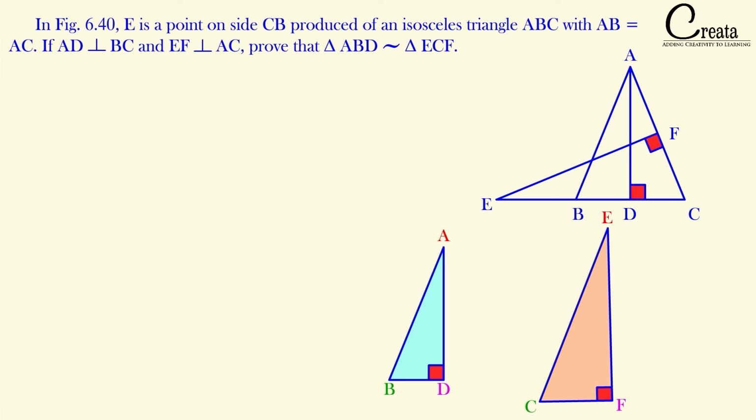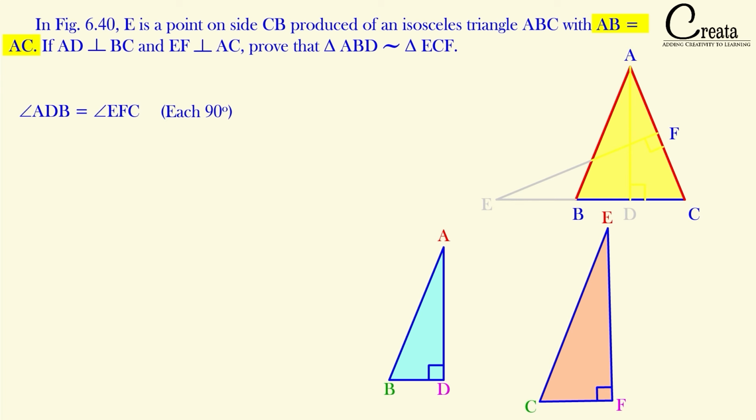So both the angles are equal to each other. Further, can you take down any of the other angles and show both the angles as equal to each other? The hint is given in the question, that is AB is equal to AC. The triangle ABC is an isosceles triangle. AB is equal to AC, so the angle B and angle C will be equal to each other.